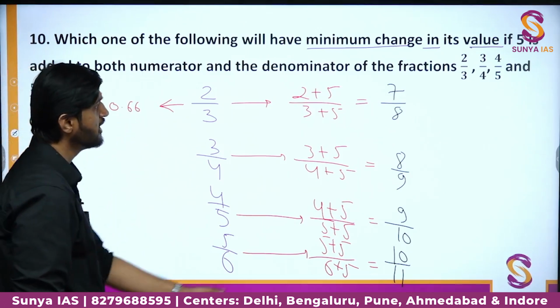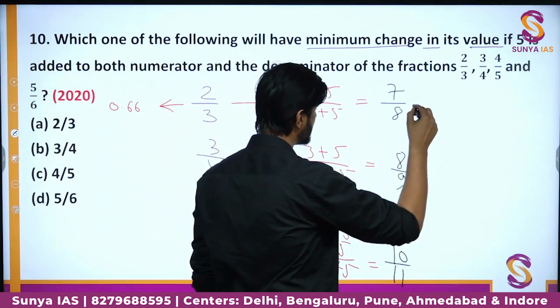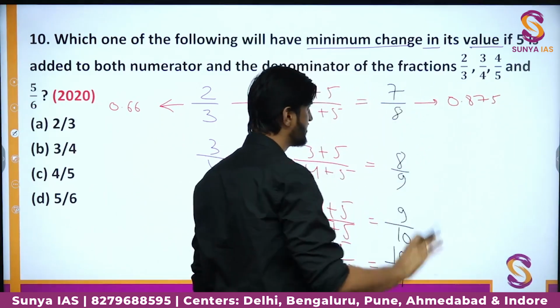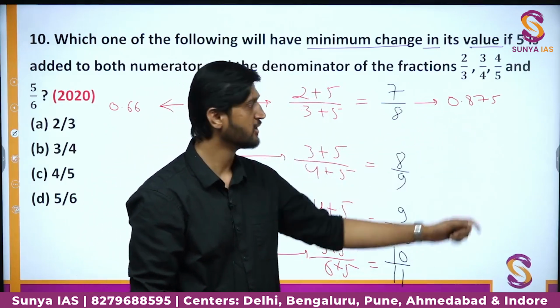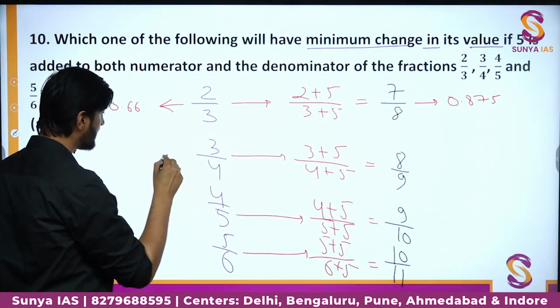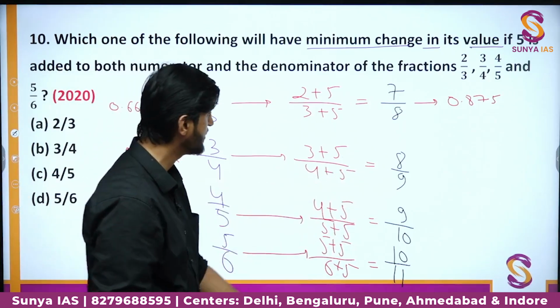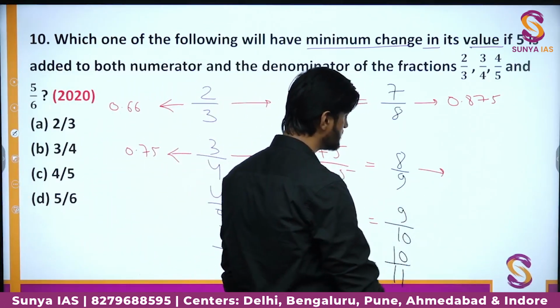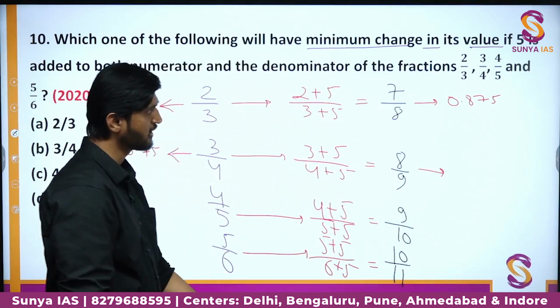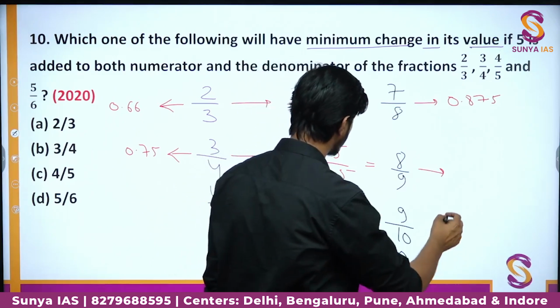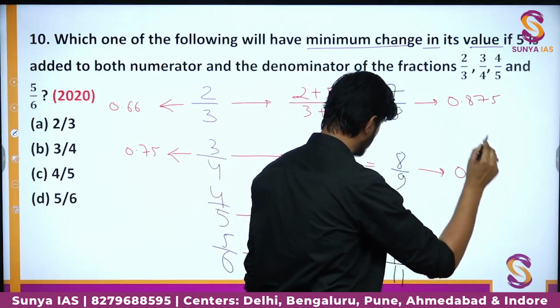Here if you take the value of 7 by 8 in decimal, it becomes nothing but 0.875. Just divide 7 by 8, you will get 0.875. Okay. Here you will have 3 by 4, which is nothing but 0.75, and here you will have 8 by 9. When you divide 8 by 9, you get the value of, I guess, somewhere around 0.14. Okay.